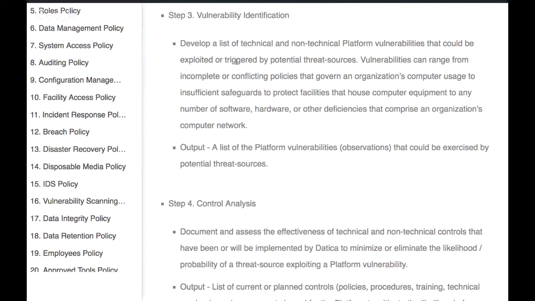Vulnerabilities can range from incomplete or conflicting policies that govern an organization's computer usage to insufficient safeguards to protect facilities that house computer equipment, to any number of software, hardware, or other deficiencies that comprise an organization's computer network.